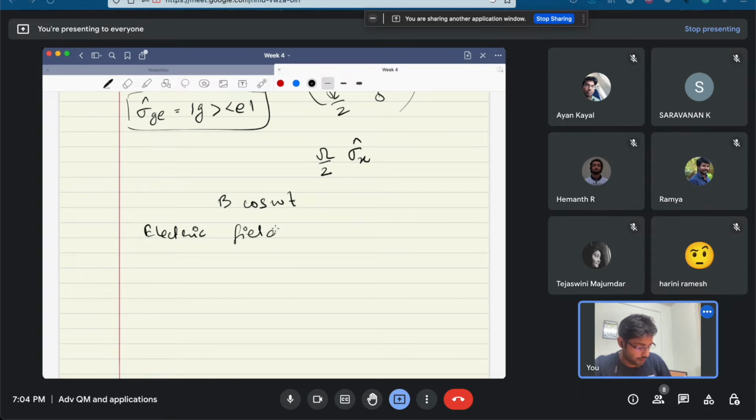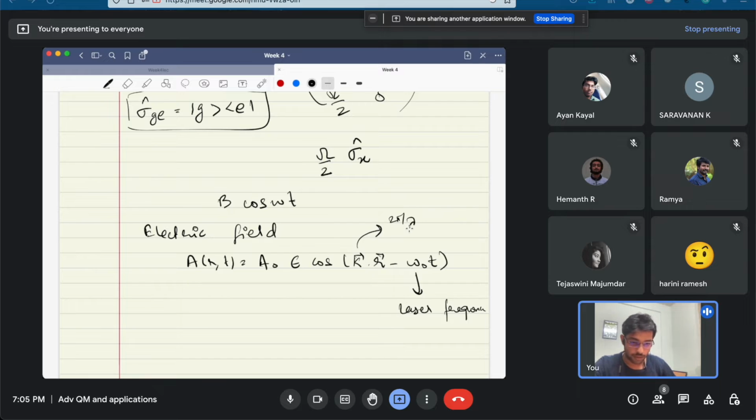We take a vector potential in the form A naught epsilon cos of k dot r minus omega naught t. Here omega naught is your laser frequency, and k is your wave number, that is 2 pi by lambda, which you already know. Epsilon is some constant, and A naught is obviously your amplitude.